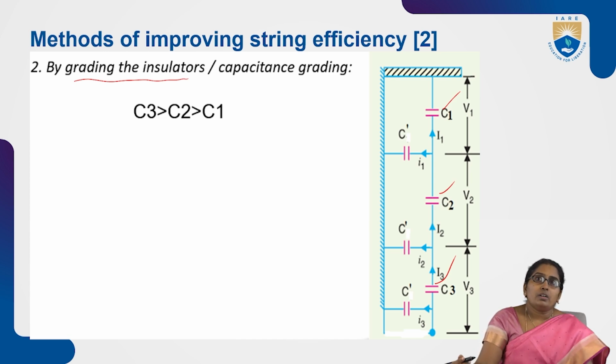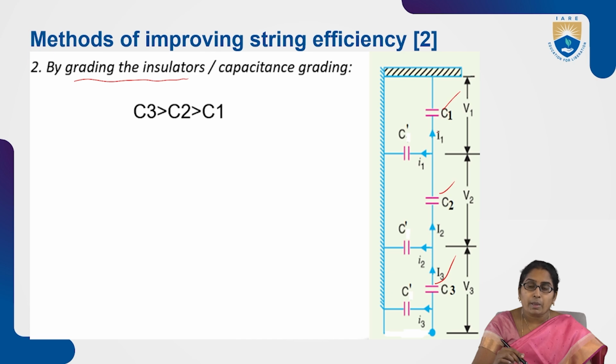Now, which unit has the highest capacitance value? We see that C1 is the top unit capacitance and C3 is the bottom unit.